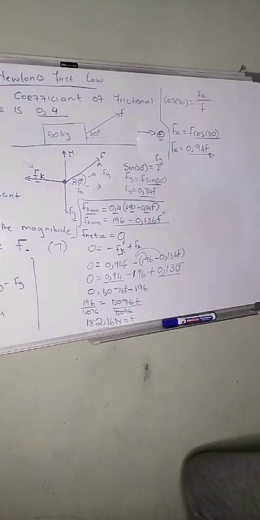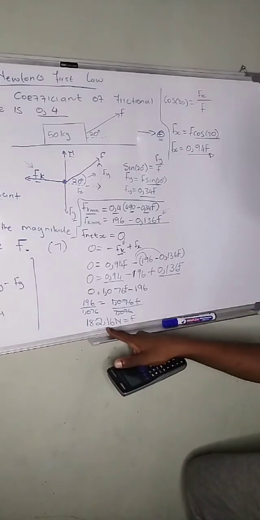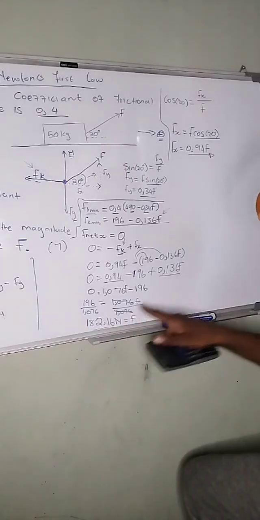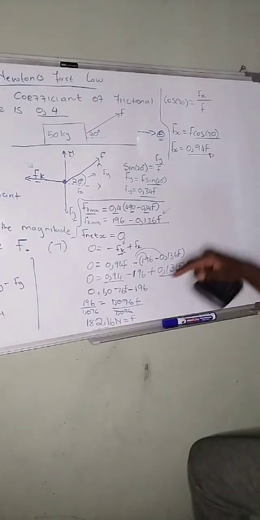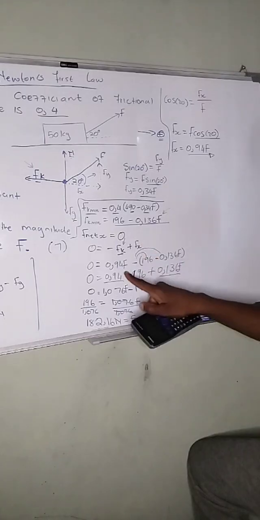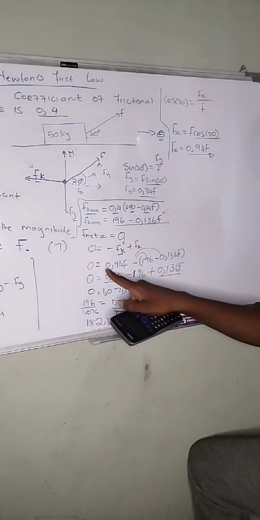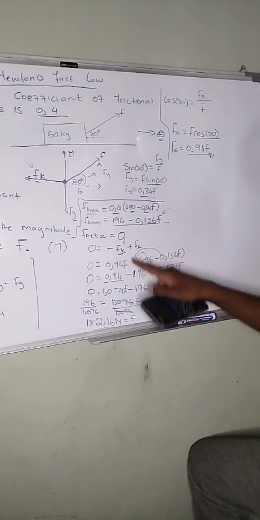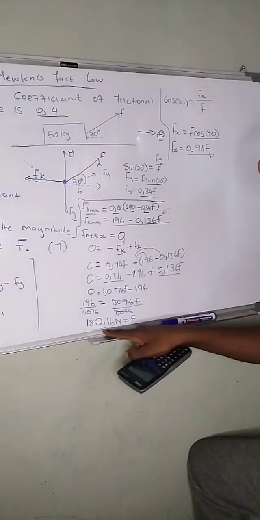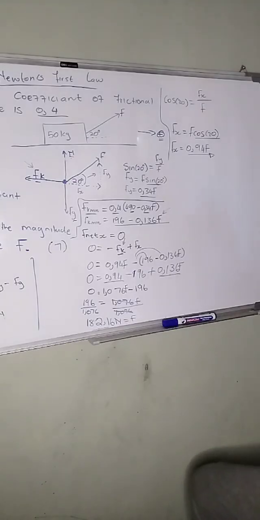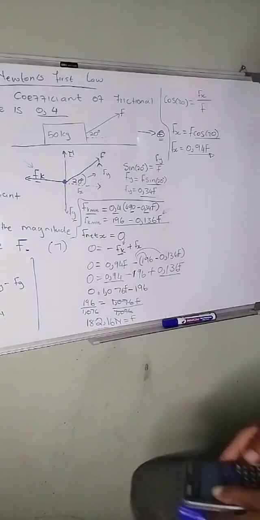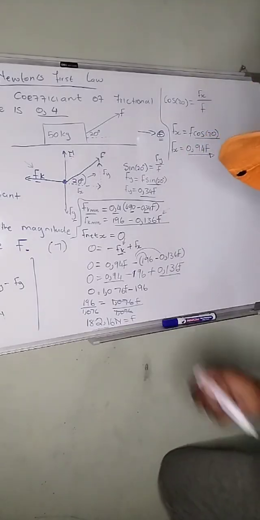And when you substitute the very same F in Fx, where's my Fx? Here's my Fx. My Fx is going to be 0.94 times F. If you substitute 0.94, wait, you said your friction is how much?